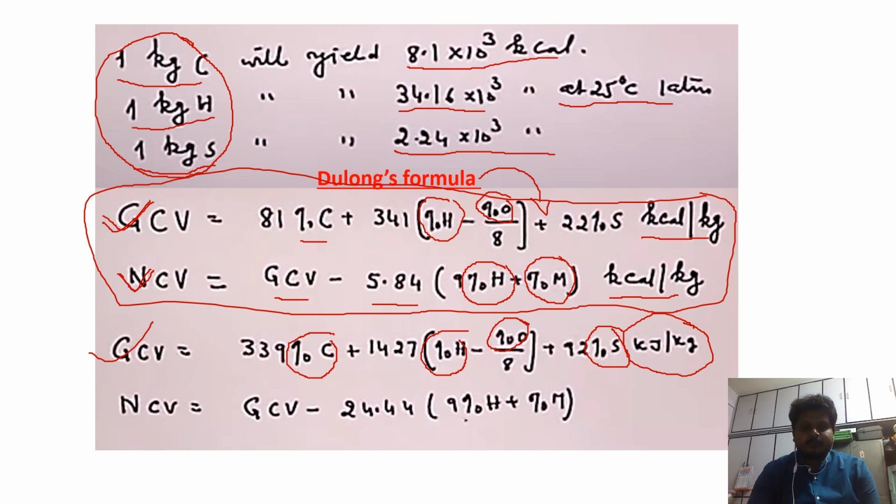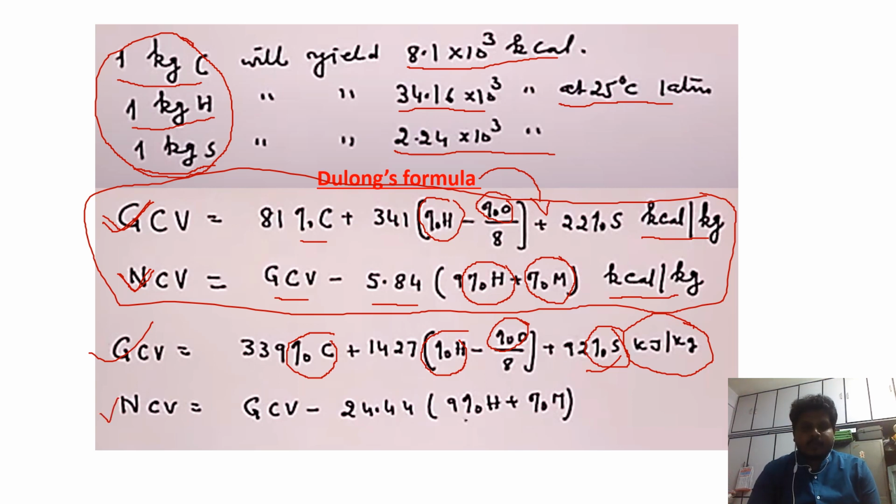Here we directly substitute the percentage of carbon, percentage of hydrogen and percentage of sulfur to get the gross calorific value in terms of kilojoules per kg.